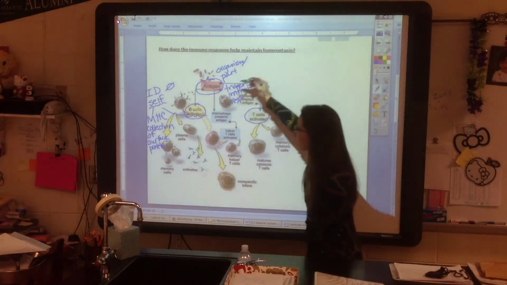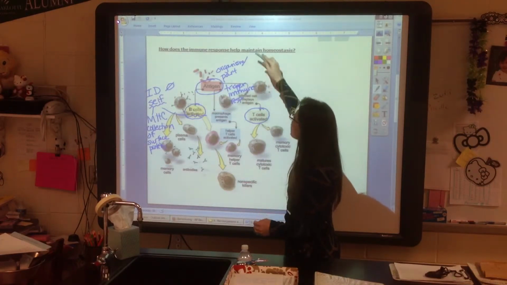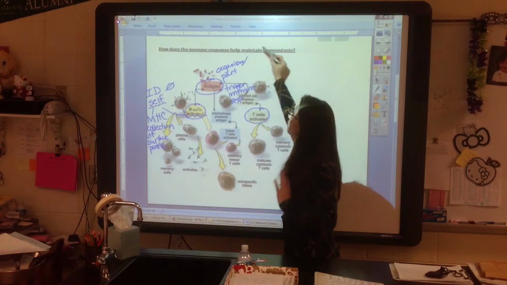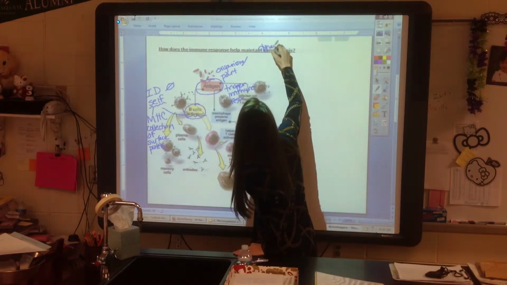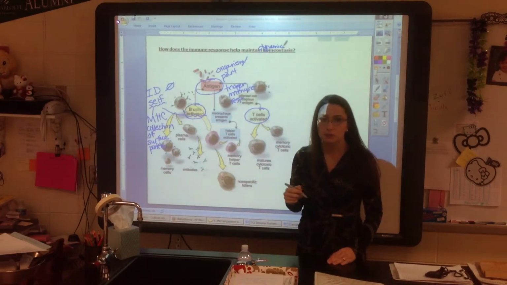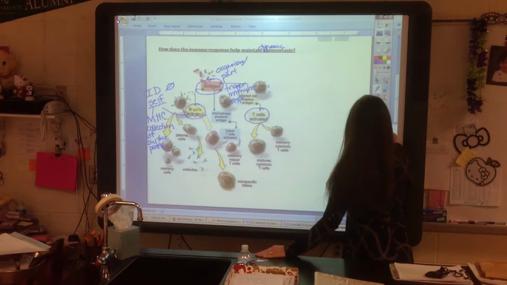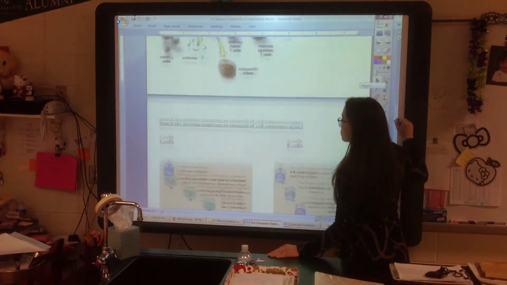What we're going to talk about on the next page is exactly what B cells and T cells do, but the key idea being that we're able to respond especially to dynamic homeostasis or changes in the environment. So let's look a little bit closer at what exactly B cells and T cells do.